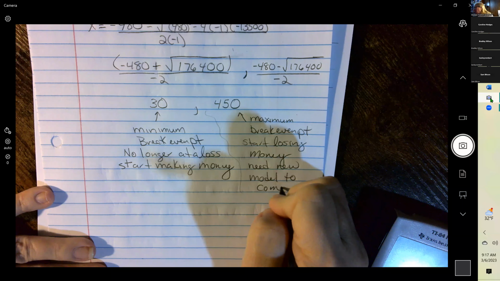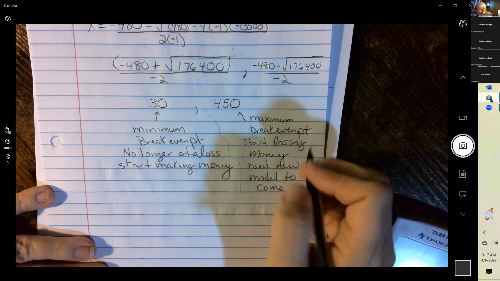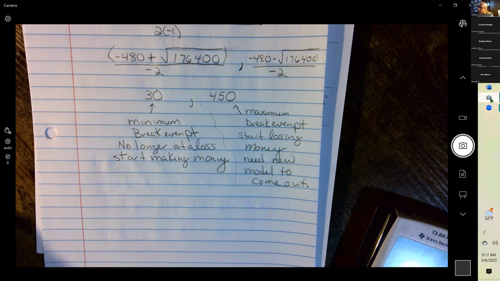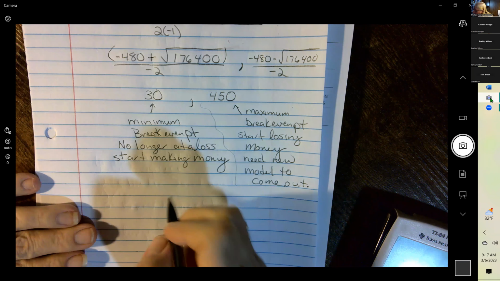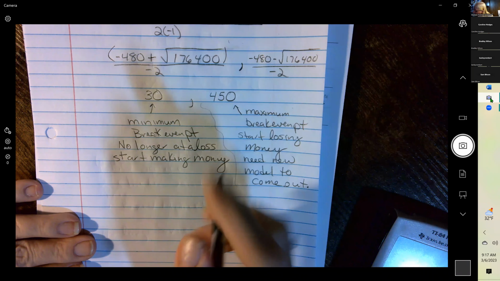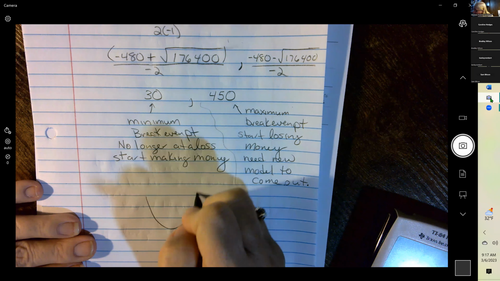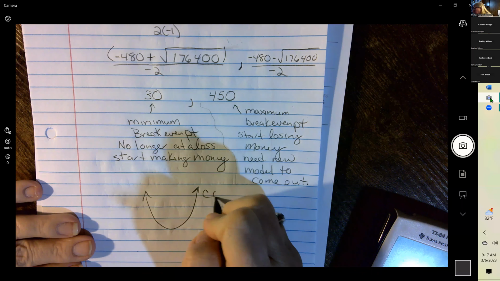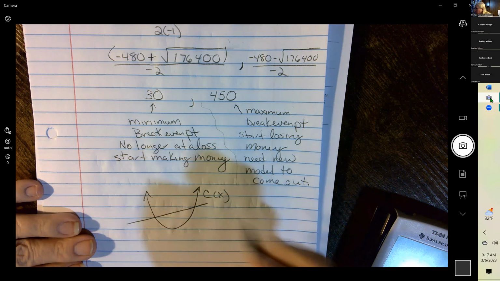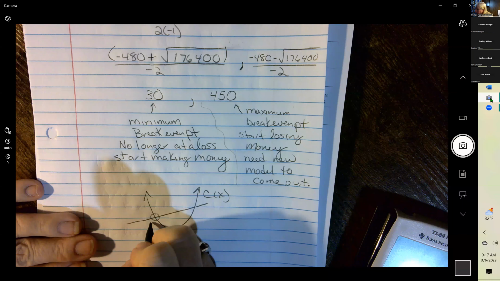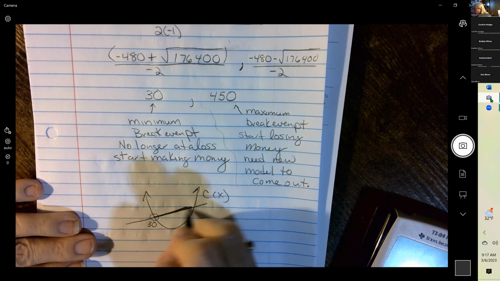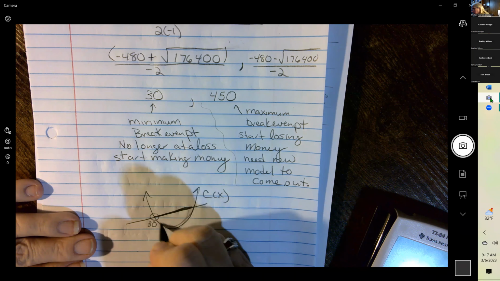This is when the new model comes out. The cost is positive. The cost is going like this. The revenue goes like this. So that first one at 30, that's where revenue was above the cost.